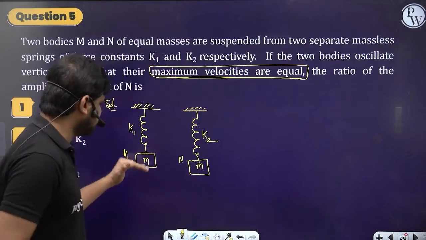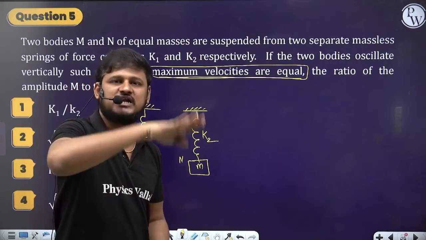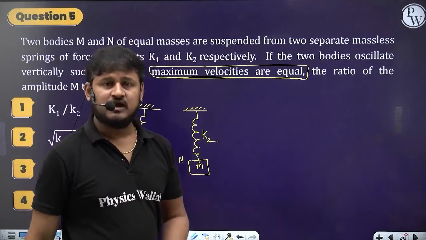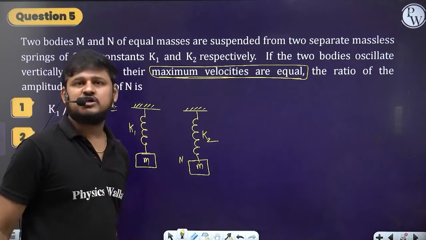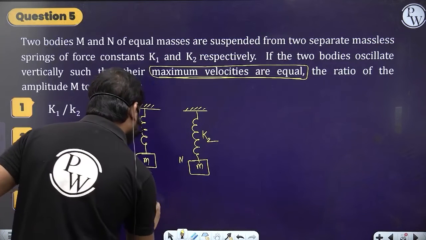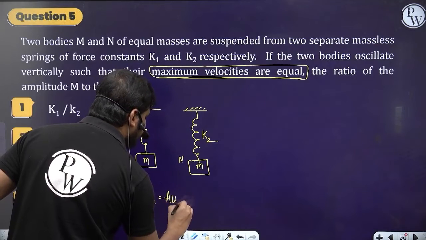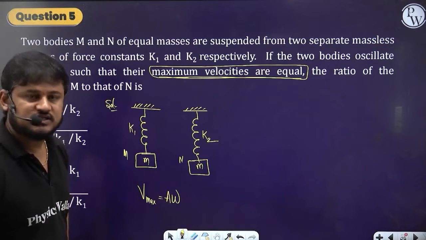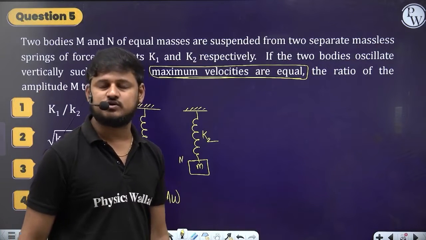They oscillate about their mean position. They are saying that the maximum velocities of the two bodies are equal. You know that the maximum velocity in SHM is V max equals A omega. Remember this part? We dealt with it in lecture number 2, basic terms related to SHM.